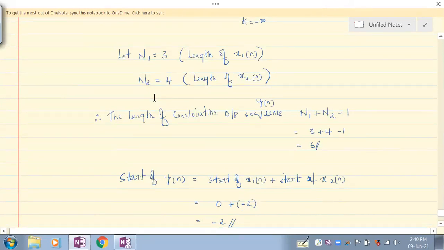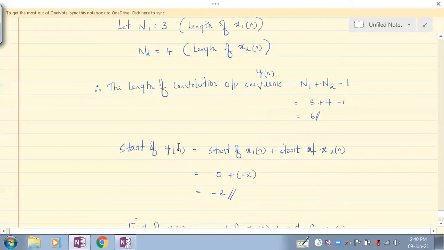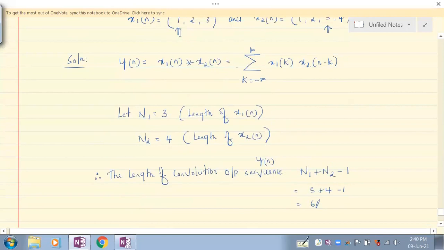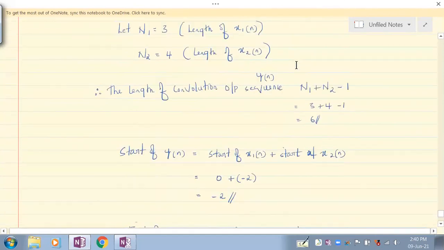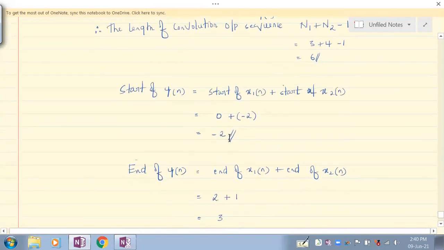To understand the starting point of y of n, we should see where x1 of n is starting and where x2 of n is starting. See, x1 of n is starting at 0, x2 of n is starting at -2. So if you add those two algebraically, you will get -2. So y of n starts at -2.